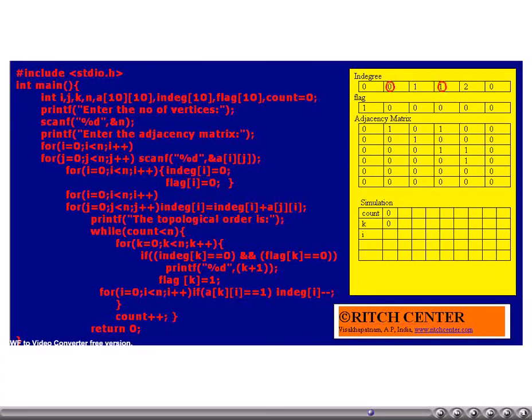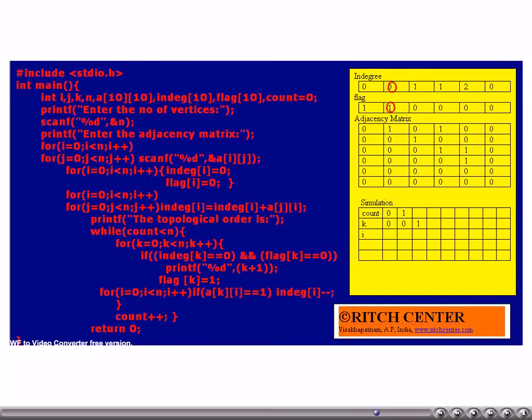Now another node we find is the second node, whose in degree value is 0. So that will be printed in the output list. That is, the second node will be selected as the next node in the topological order. Its flag value will be made 1.